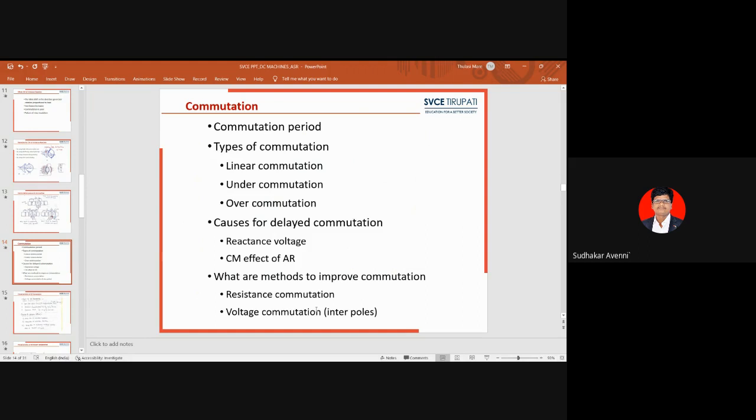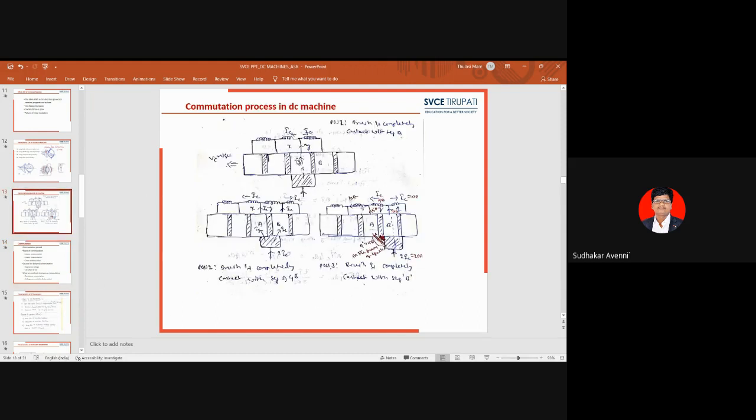So what are the causes for delayed commutation? Reactance voltage and the cross magnetization effect of armature reaction. What is meant by reactance voltage? It arises when current reversal takes place during commutation.